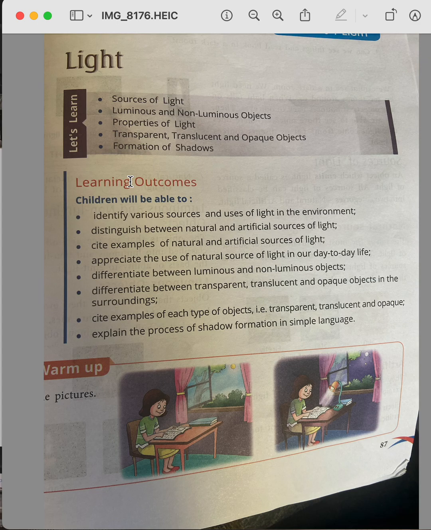The learning outcome of this chapter, they say that children will be able to identify various sources and use of light in the environment, distinguish between natural and artificial sources of light, cite examples of natural and artificial sources of light, appreciate the use of natural source of light in our daily life, differentiate between luminous and non-luminous objects, differentiate between transparent, translucent, opaque objects in the surrounding, cite examples of each type of objects, which is for transparent, translucent and opaque.